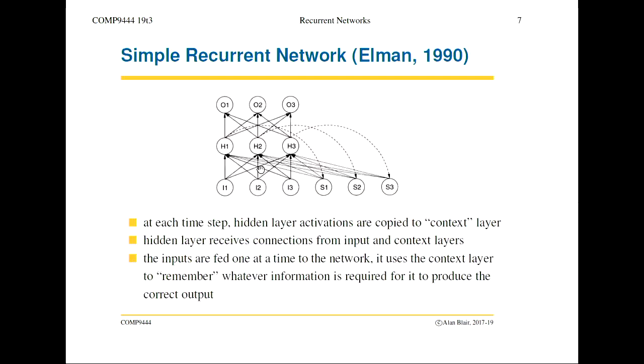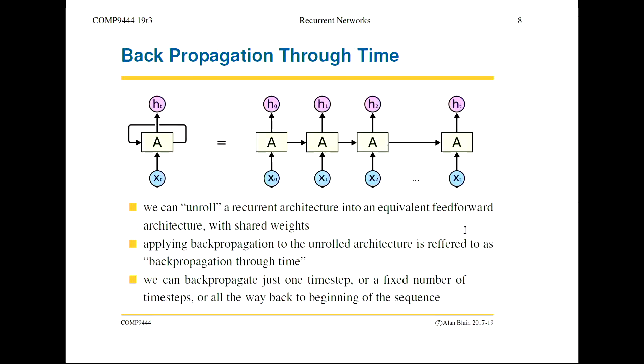Now, this is the full architecture. This is what's really going on as we copy the hidden layer to the context layer, but sometimes, to simplify the picture, we draw it like this. We have an arrow pointing from the hidden layer to itself, and we understand that this arrow is one step back in time.